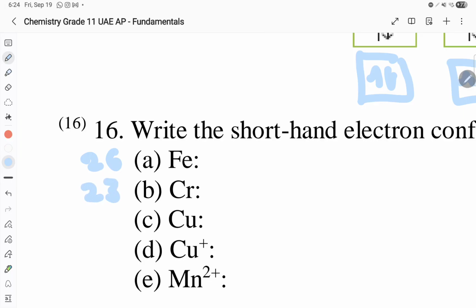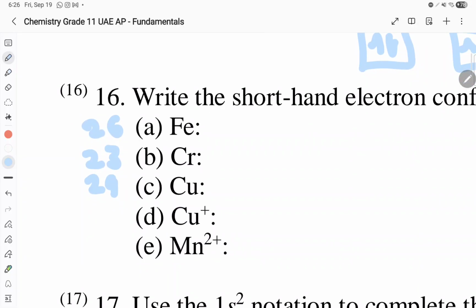Copper has 29. No, wait, let me check on my periodic table because now I'm calculating it. So copper is 29. I was right. Copper plus is 28, but we'll talk about plus later.